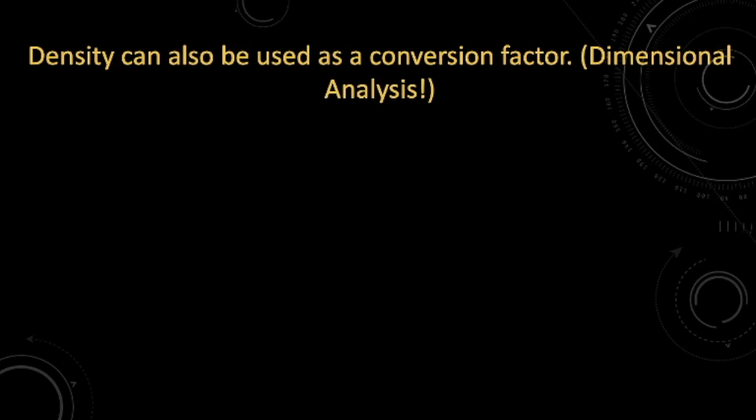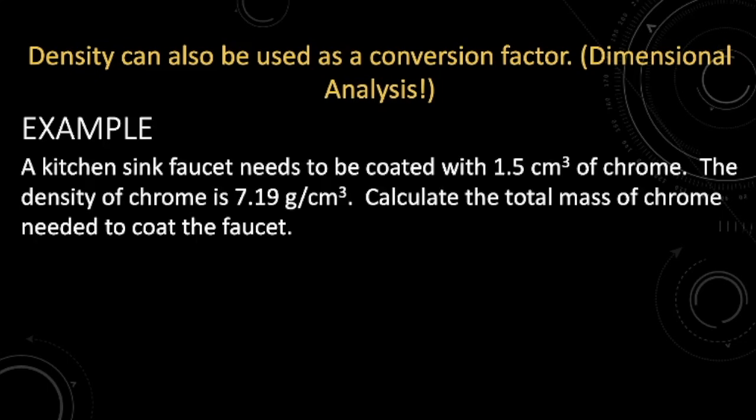Density can also be used as a conversion factor in dimensional analysis. Okay, let's see what that looks like. We have a kitchen faucet that needs to be coated with 1.5 centimeters cubed. That's our key that we have volume. The density of the chrome is 7.19 grams per centimeter cubed.